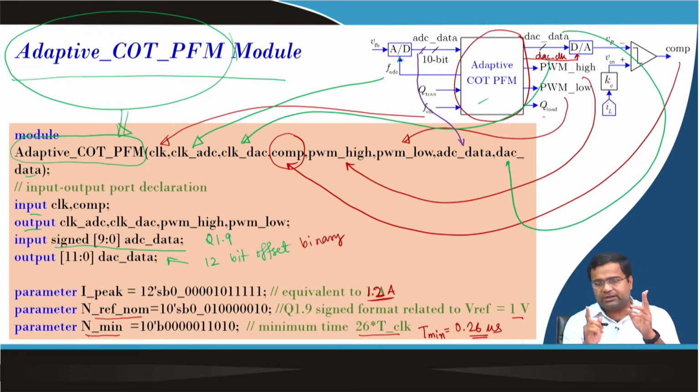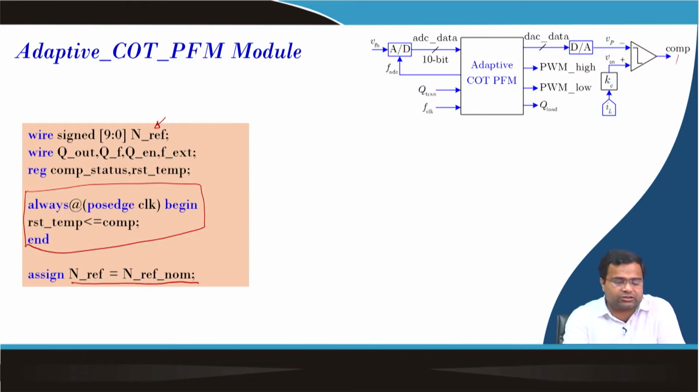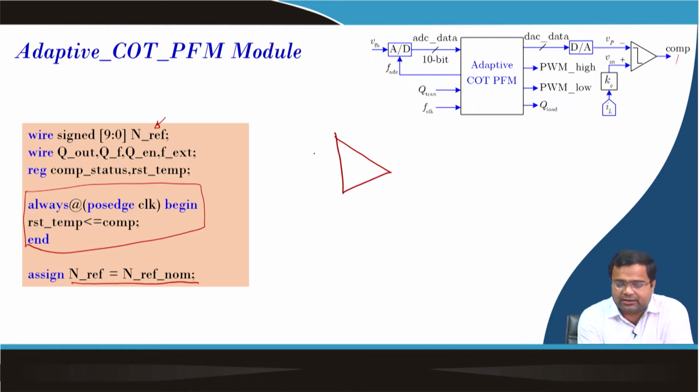So, there are two possibilities. We can put a buffer circuit, an additional buffer circuit, or here we have used a clock synchronized comparator. That means, if we have an analog comparator, let us say this is comparing peak current with V sense, and you can see it is minus and plus. This is the analog comparator.